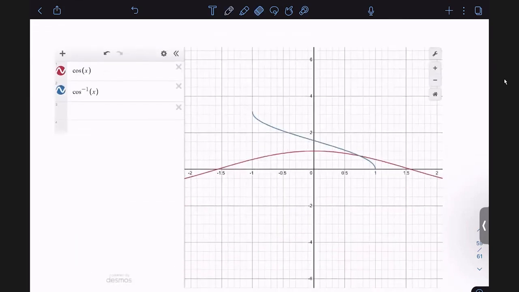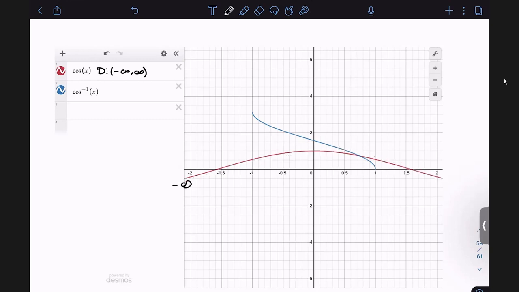So when you look at cosine of x, which is your red line over here, and then the inverse is this line over here, you can tell that they're a little odd. The domain of cosine of x is from negative infinity to infinity, because you can choose any x values on the x-axis, literally any of them.